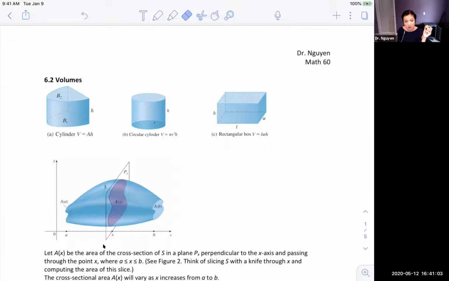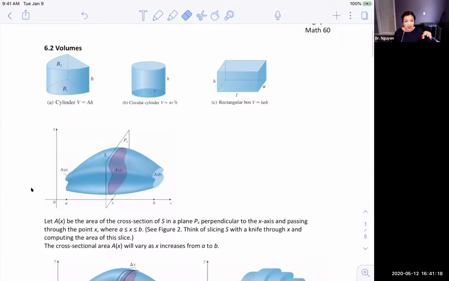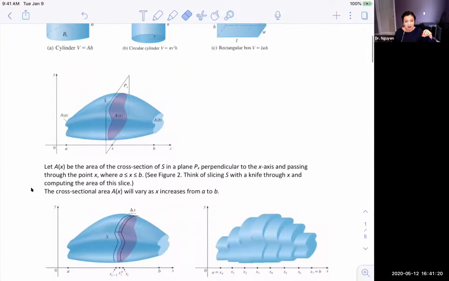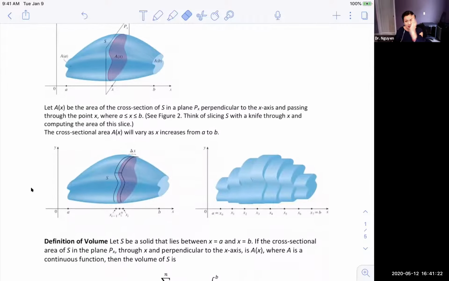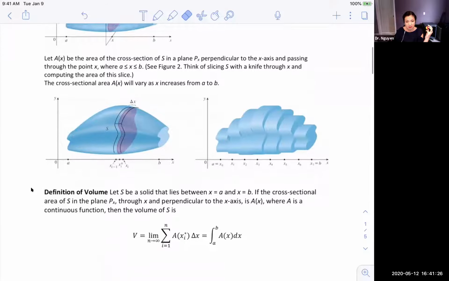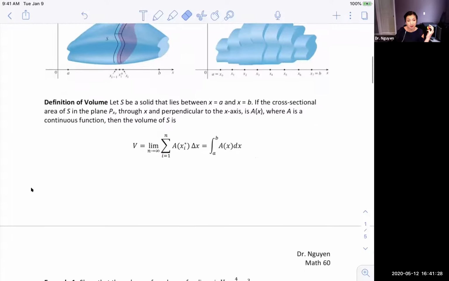Notice that the area of the cross sections is in the plane P, perpendicular to the x-axis, okay? And then we have from A to B. You see that? So they slice the cross section, they put them together. That's how you get the volume.